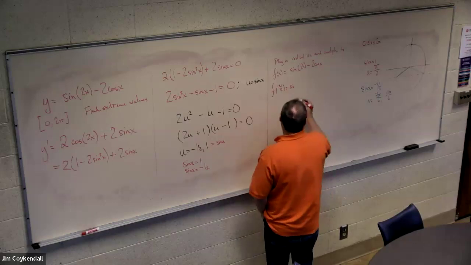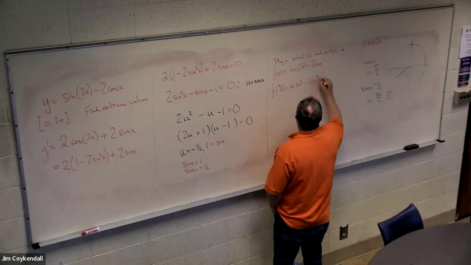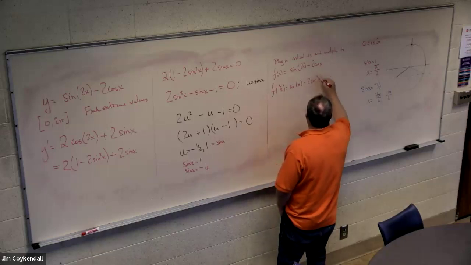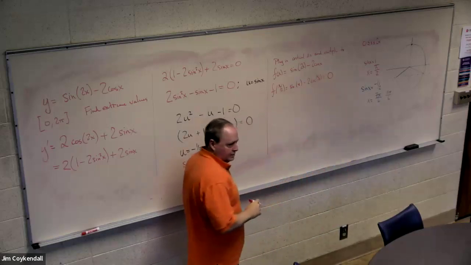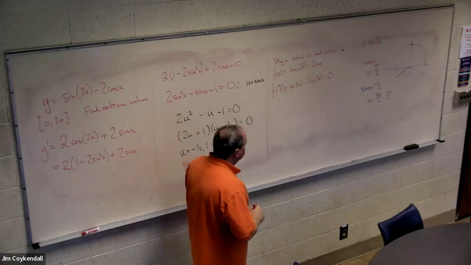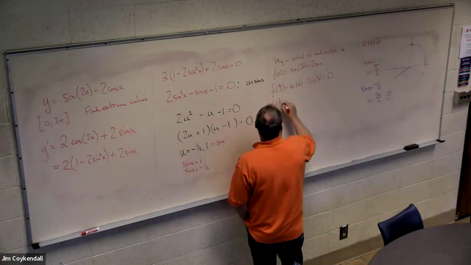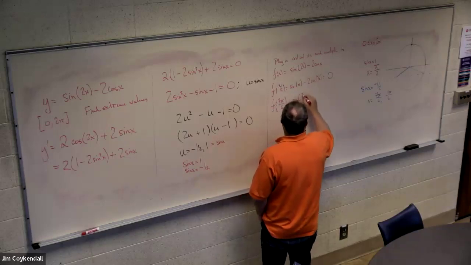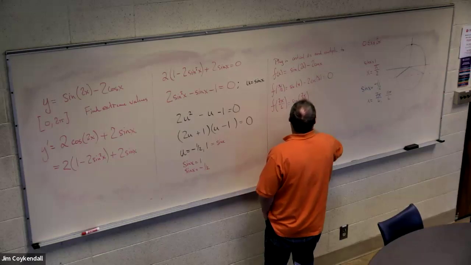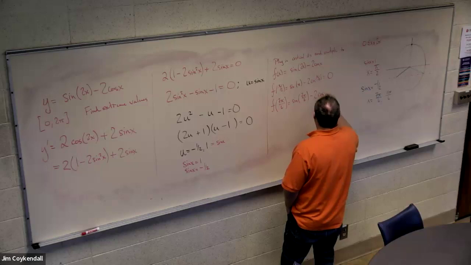Sine of twice that, minus 2 cosine of pi over 2. Notice the sine of pi is 0, as is the cosine of pi over 2, which is 0. f of 7 pi over 6 is sine double this, minus 2 cosine 7 pi over 6.